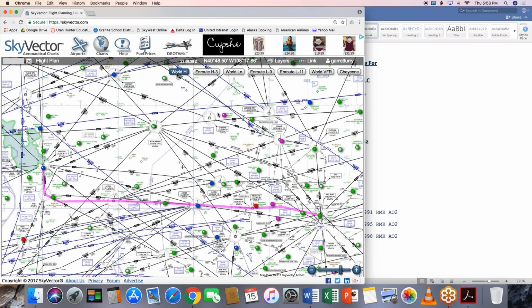Now with our performance charts, what do we need to round this to? 15, because our performance charts go in 5-degree increments. So that ISA deviation at Denver is written as ISA plus 14 degrees Celsius.